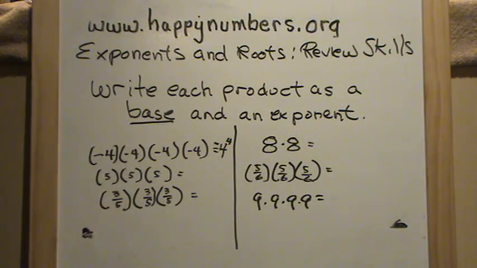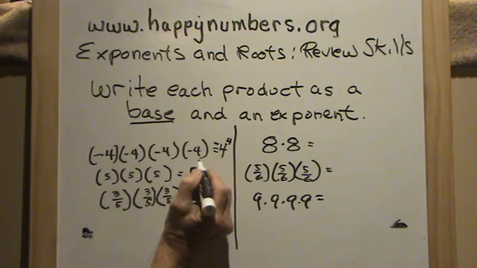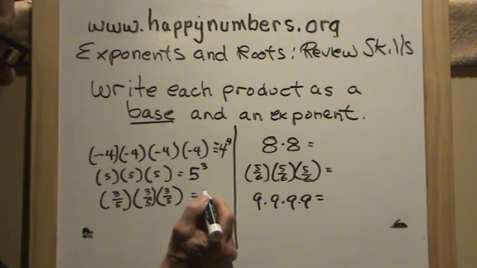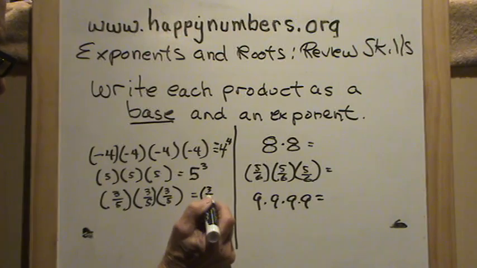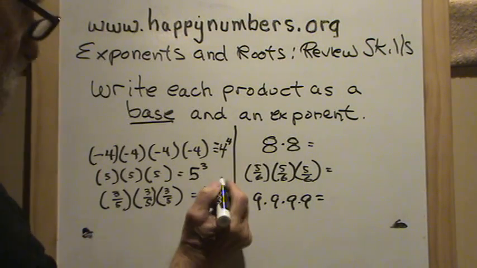Let's take the next one. Our base number is 5, and we have 5 to the third power, or 5 cubed. Here we have 3/5 as our base, and we have 3/5 to the third power.